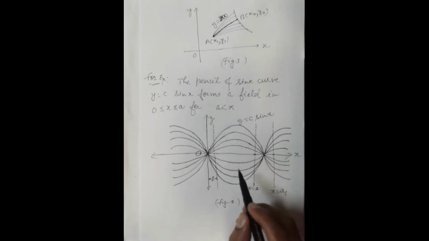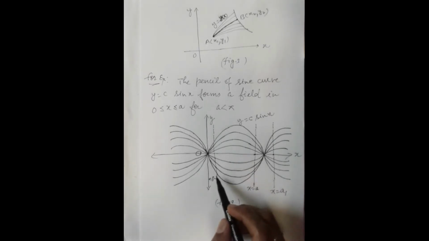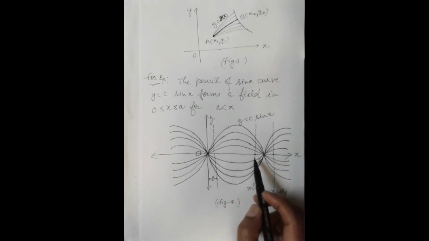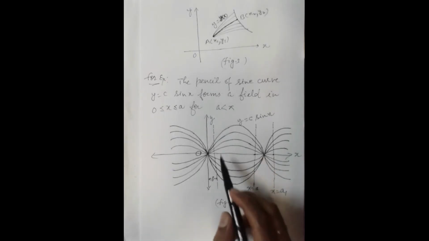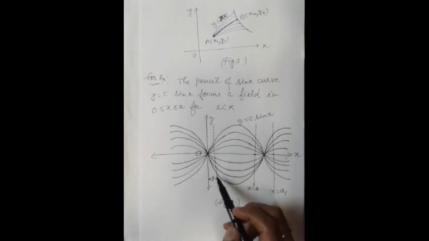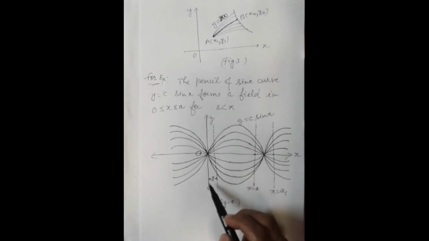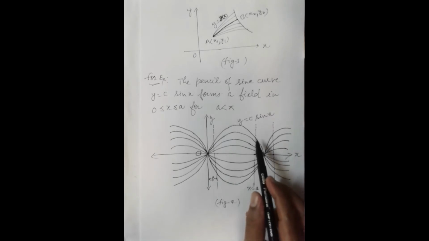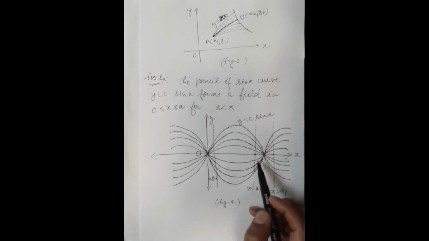Also, this pencil of curves forms a proper field in the small neighborhood of the segment of the x-axis, x less than or equal to a and greater than or equal to delta, where delta is positive and a is less than pi.